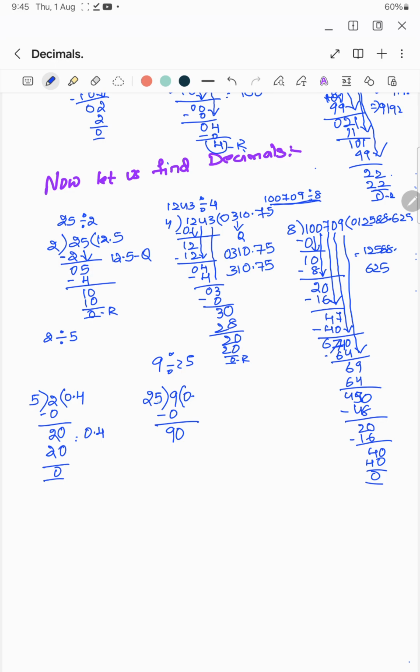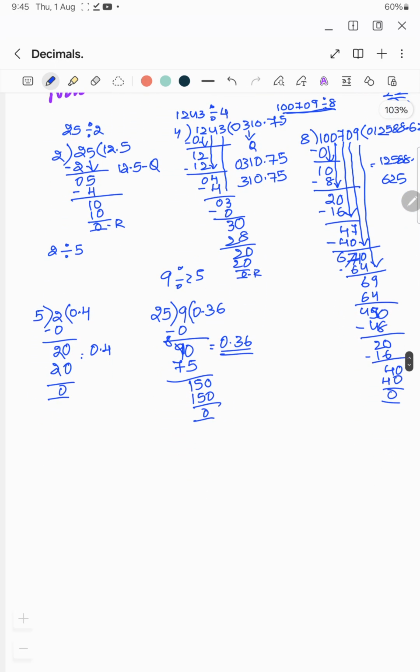This is the decimal part. Now 25 3s are 75. Now add a 0 here and check for the multiple of 25, which is 150. 25 6s are 150. 0. So the answer will be 0.36.